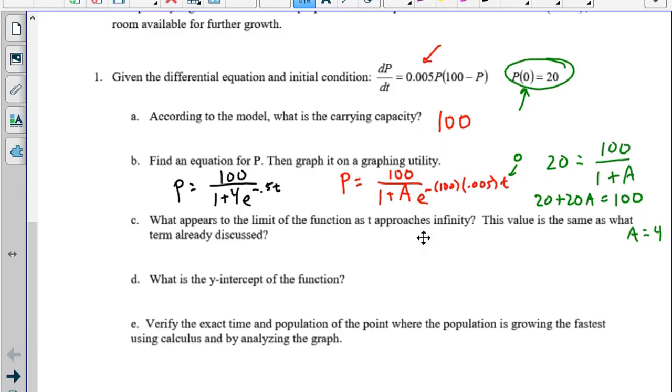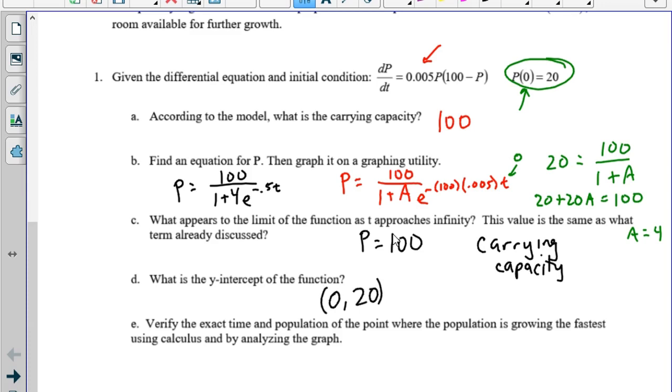This is the same value as the carrying capacity. So the limit as t approaches infinity is p equals 100, which is the carrying capacity, or maximum population.